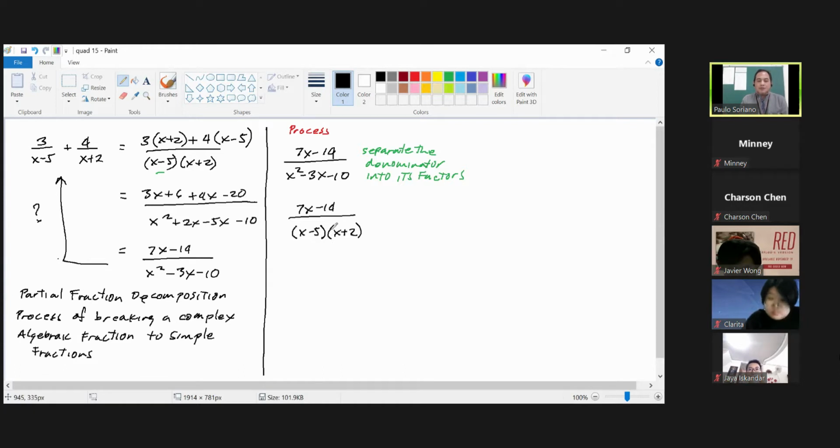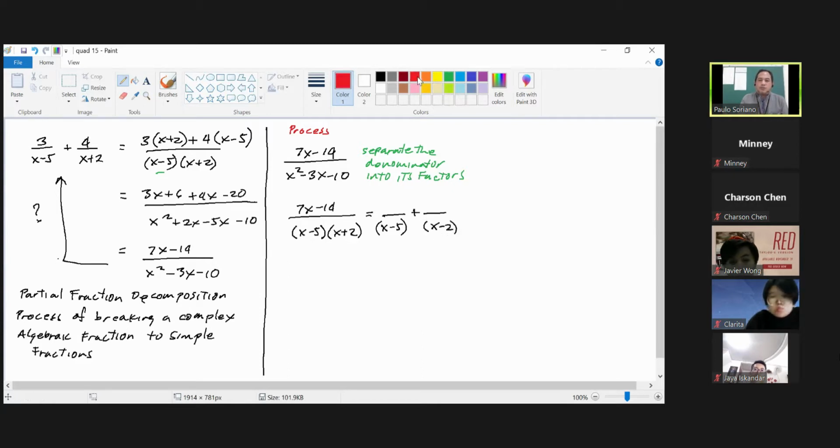Now that we have separated the factors of the denominator, the problem is, how do we separate the numerator? This is where partial fractions come in. We just know that this comes from two different denominators, x minus 5 and x plus 2.